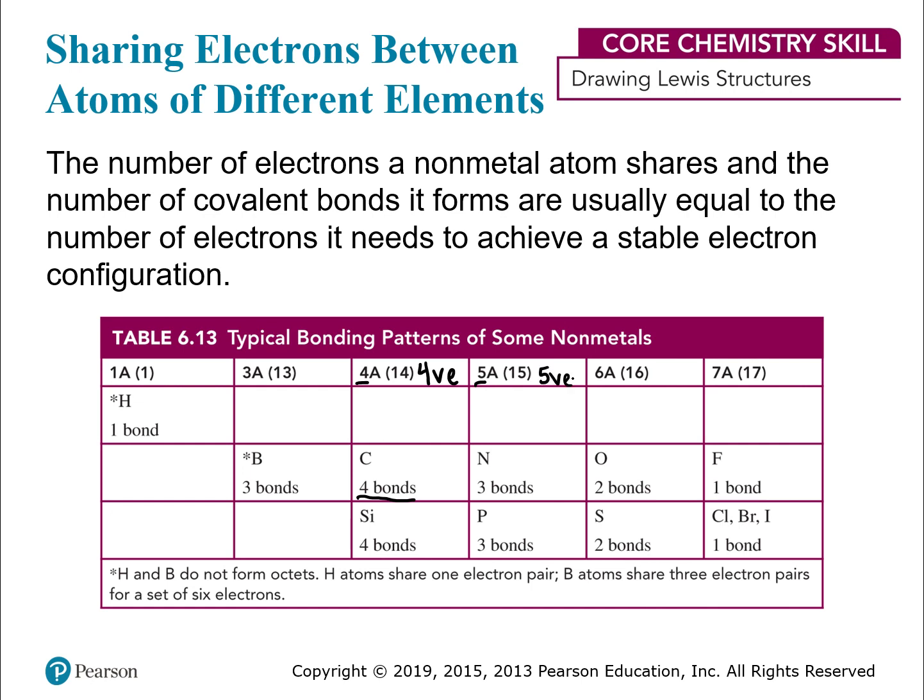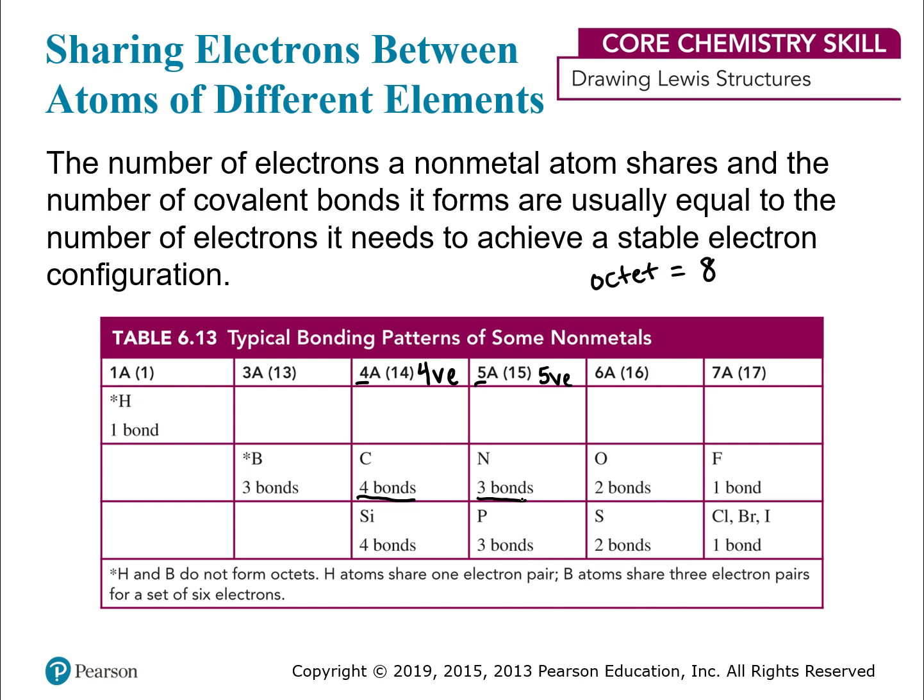To reach that octet, which again, octet just means 8, so a complete set of 8 electrons on the outermost shell, nitrogen needs 3 electrons. So it can form 3 bonds to get that done. So you can notice the pattern.